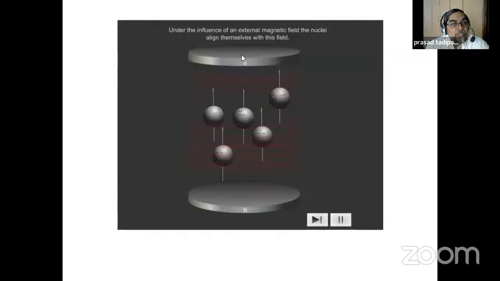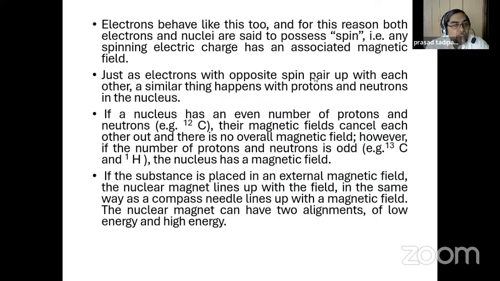So see, this is the south and north pole, and these atoms are kept in a strong magnetic field. We will see what the external magnetic field's influence on the nuclei is. They will try to reorient their spins differently. That is the basic concept behind nuclear magnetic resonance imaging.